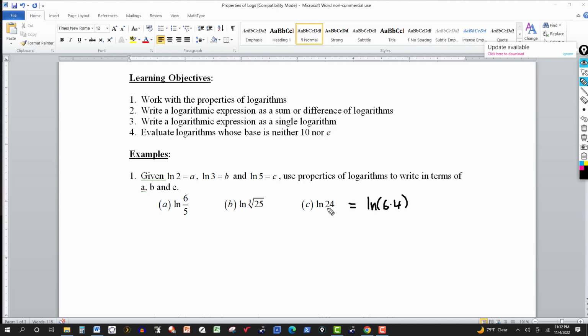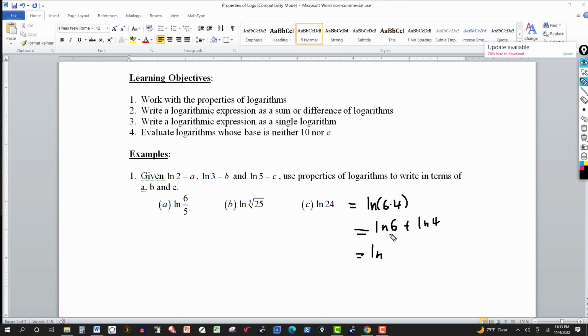That's 4 times 6 is 24. This would be the same thing as the sum of the logs. So this would be log of 6 plus log of 4.